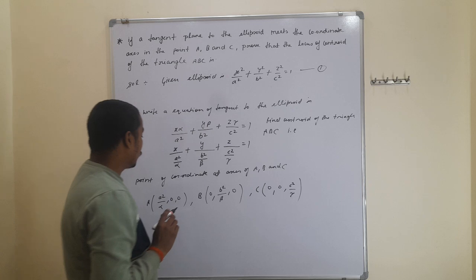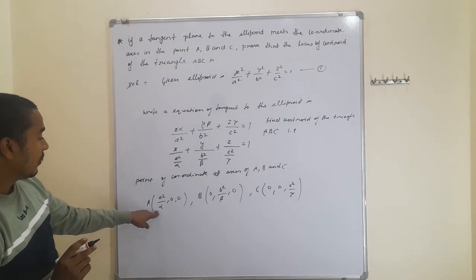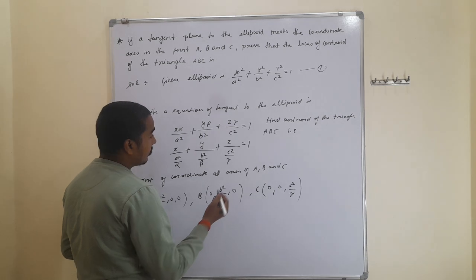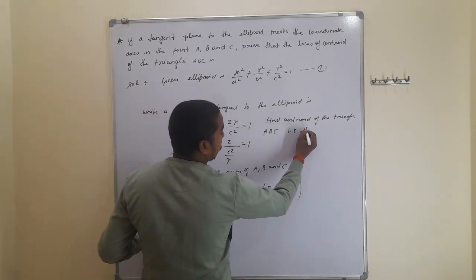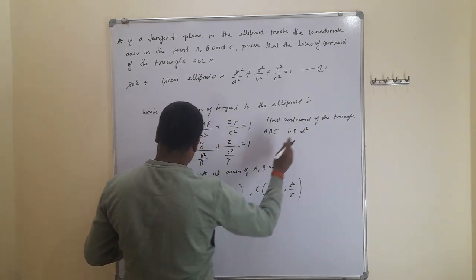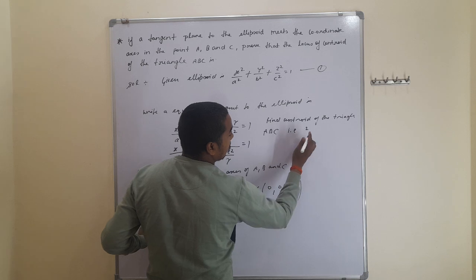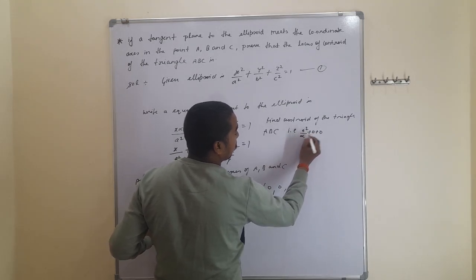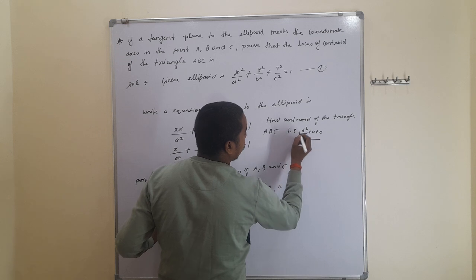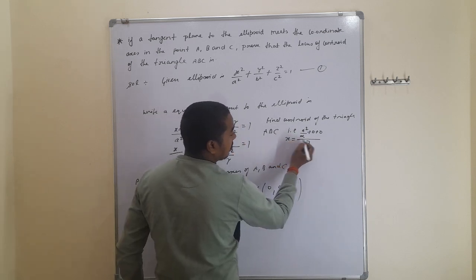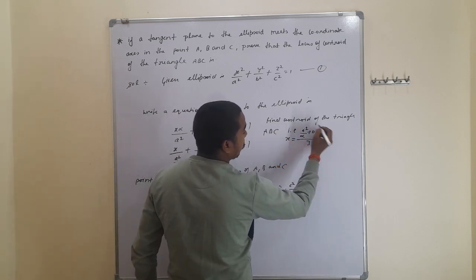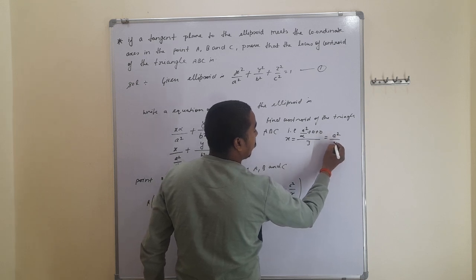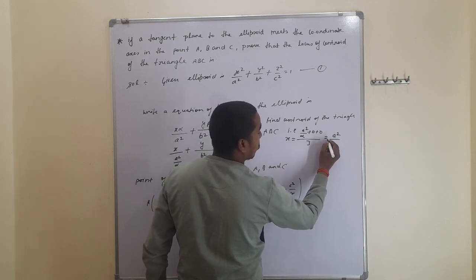On taking, a square upon alpha plus 0 plus 0 by 3 for the x coordinate, that is a square upon 3 alpha.